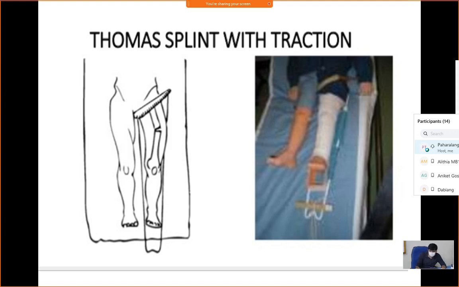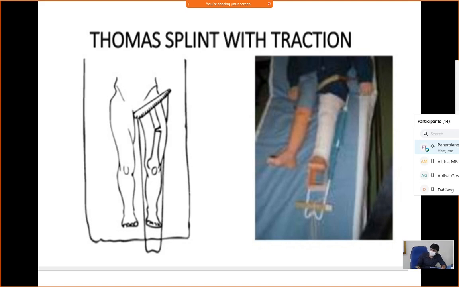Actually, there is a story about this. This was developed by Thomas, who is known as the father of orthopedics, and he made it for his wife. His wife was suffering from TB hip, and it was very painful, and she was unable to sleep at night due to crying.